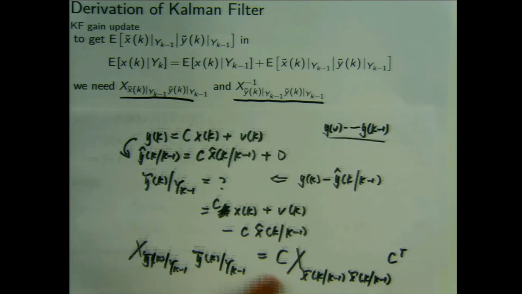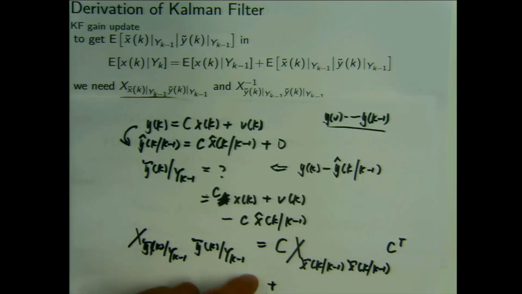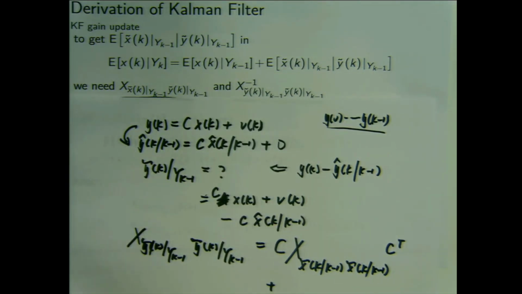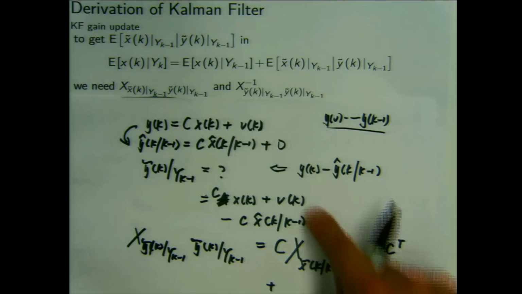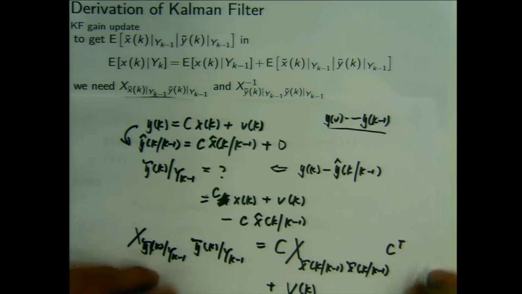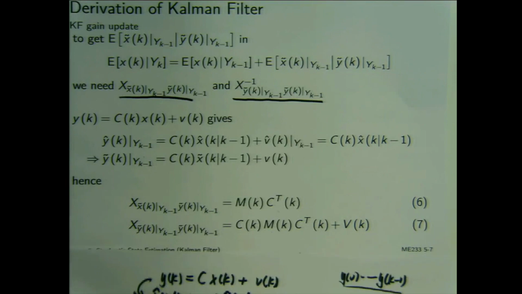Then there's another term telling us the information of v, the covariance of v itself. I'm using this as the covariance of v.